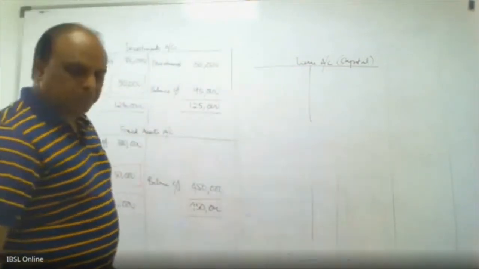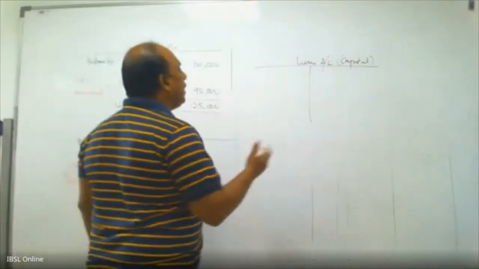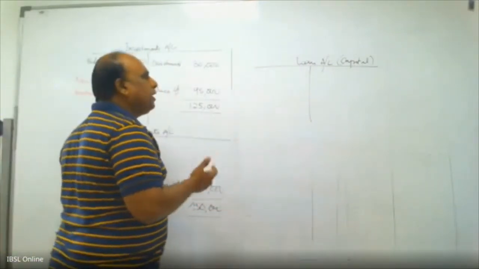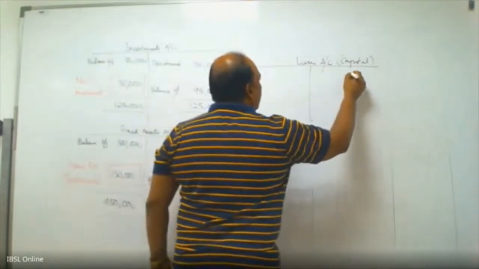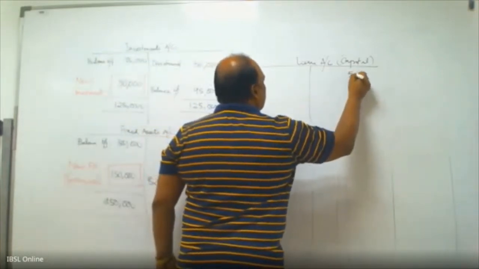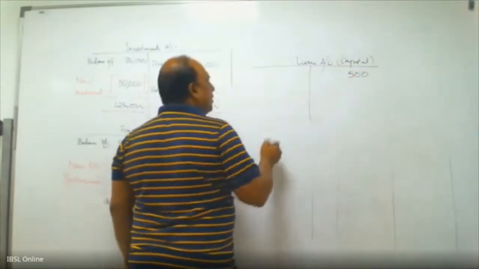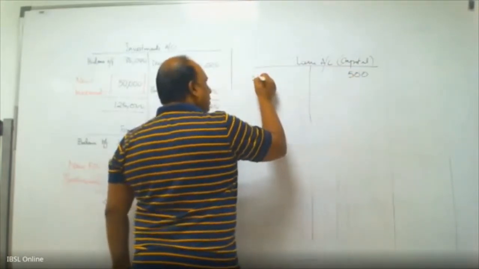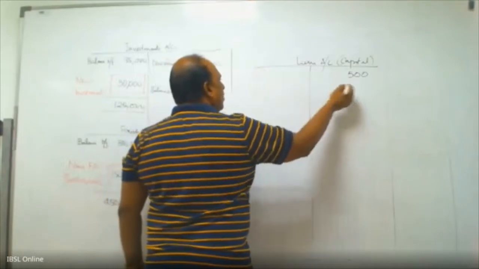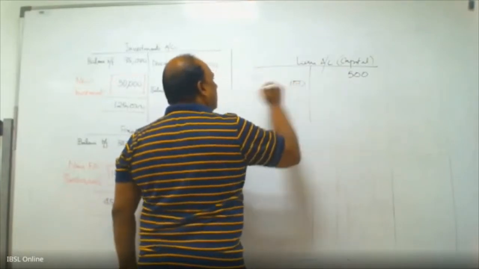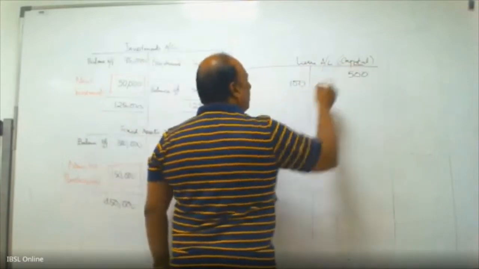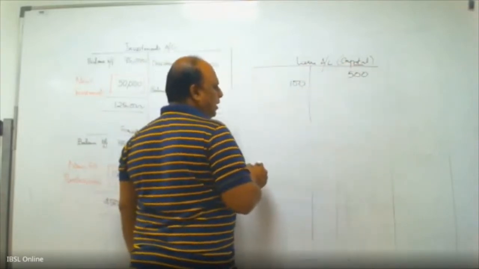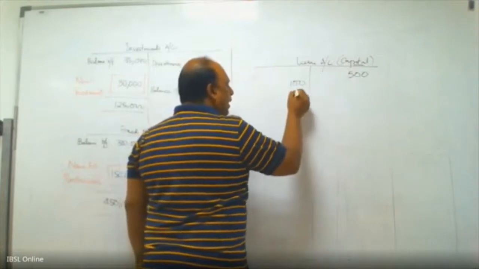Right. So you are repaying a loan. When you are repaying a loan, what will happen? You have a loan of 500, which means you have to debit this account. Let's say you are paying 100 out of this. So it's a capital. Now what has happened here? You have gone and debited 115.